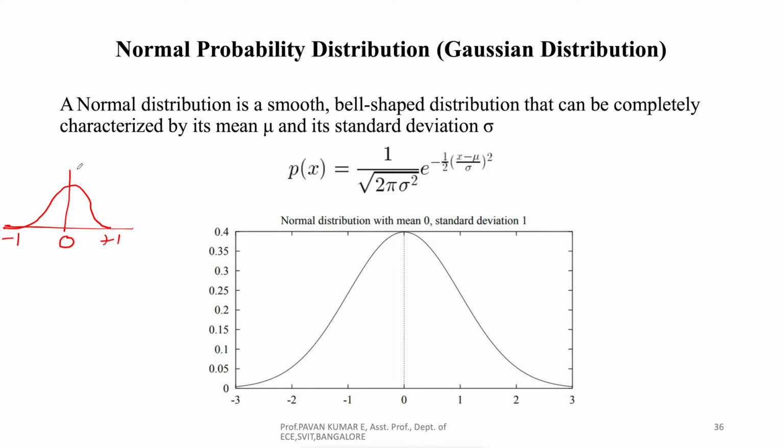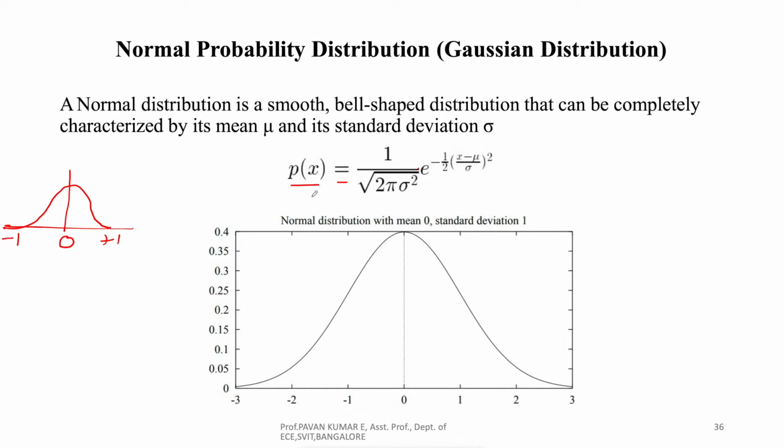Based on this, the normal probability distribution says p of x equals 1 over root of 2 pi sigma square, where sigma square is the variance, times e to the power of minus half times (x minus mu) squared divided by sigma square.